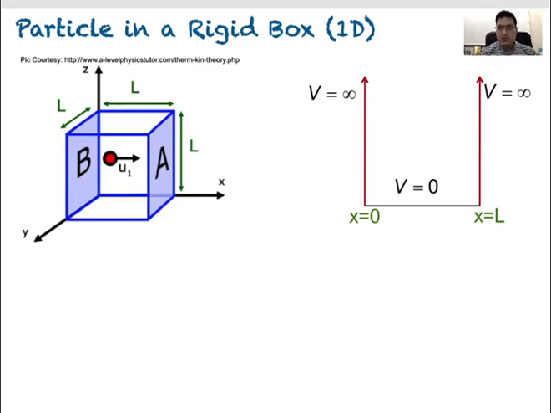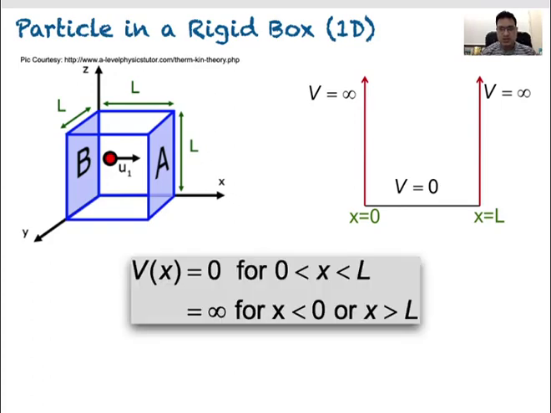If you want to see how the potential varies in space, we can write that potential V of x is 0 between 0 and L, and infinite when x is smaller than 0 and when x is greater than L.